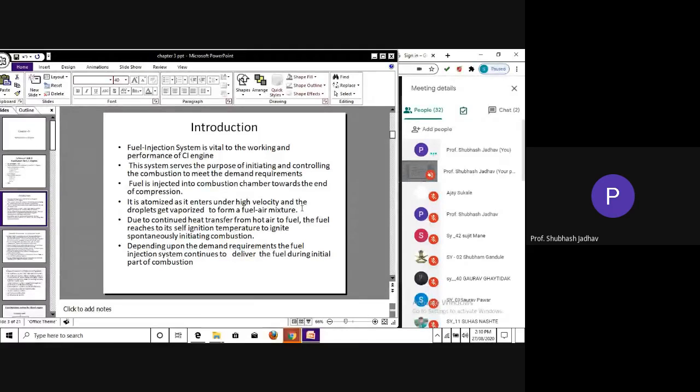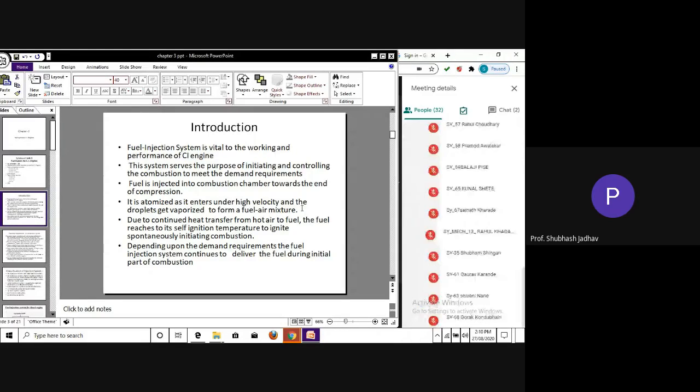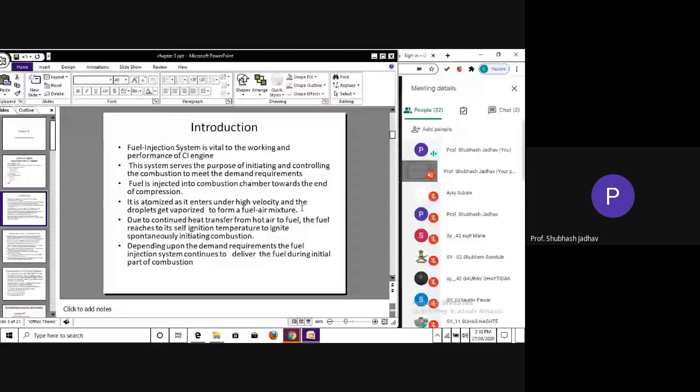Due to this reason, we have the CI engines at a lesser speed compared to SI engines. So if a question is asked why CI engines are slower compared to SI engines, the answer is what we have discussed now. We know that in SI engines we are preparing the mixture outside and supplying it to the engine. On the contrary, in CI engines we are preparing the mixture inside the engine.